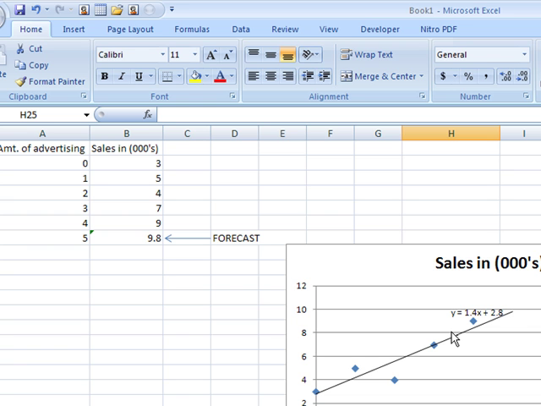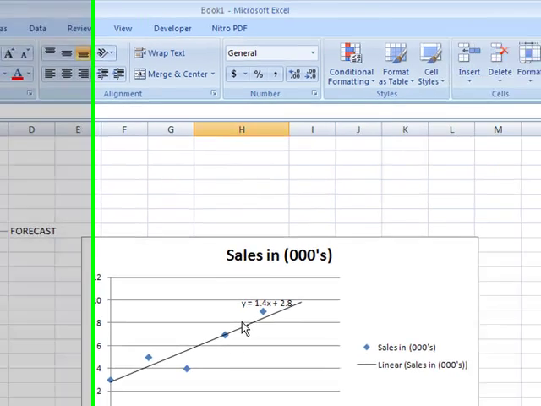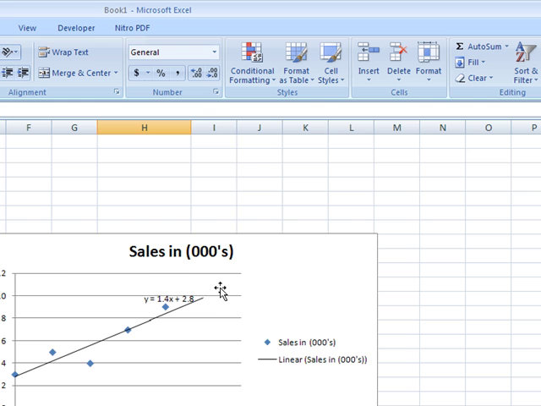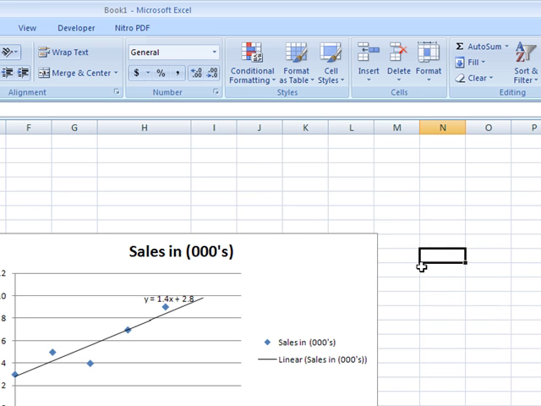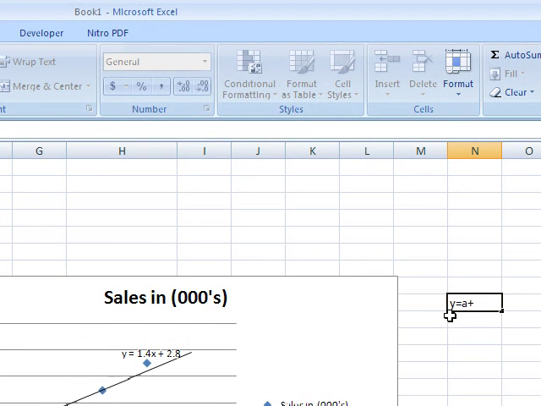In general, a linear equation has the form of y equals a plus bx, where x is called the explanatory variable and y is the dependent variable.